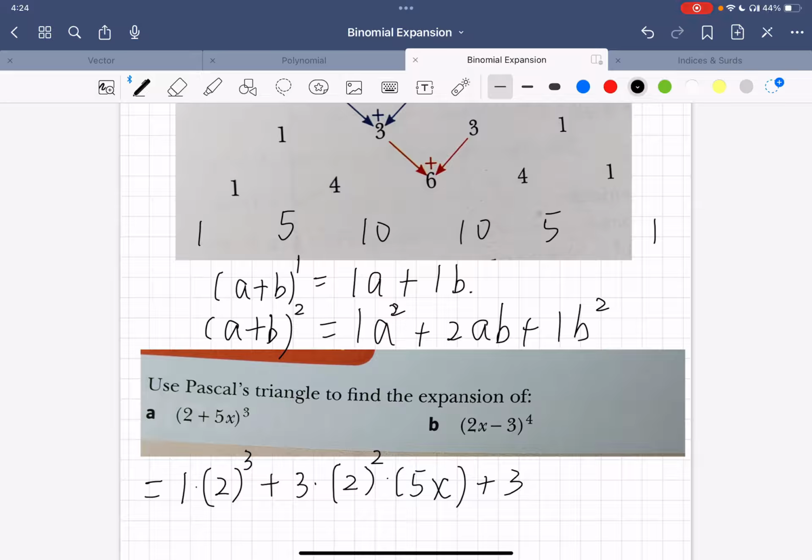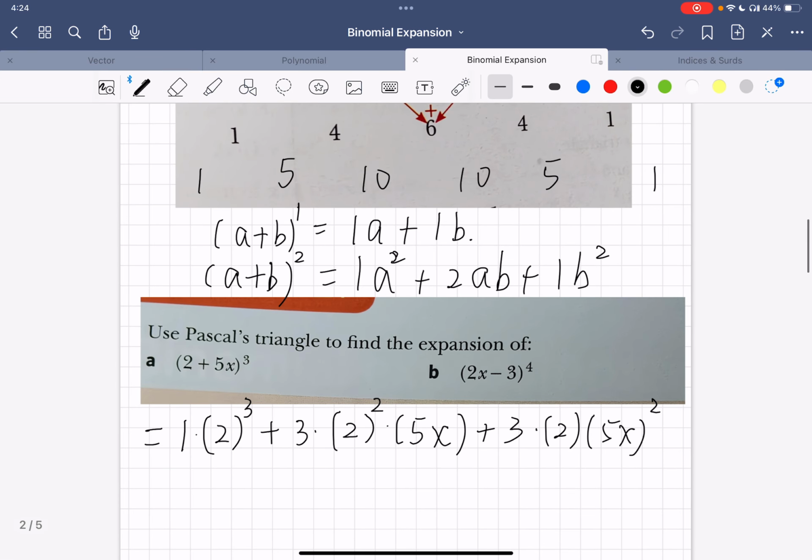So if you think this is very easy for you, you can skip the video for later contents, okay? 3 times 2 times 5x to the power 2. And the last term is still 1. The coefficient comes to 1 again. 5x to the power 3.